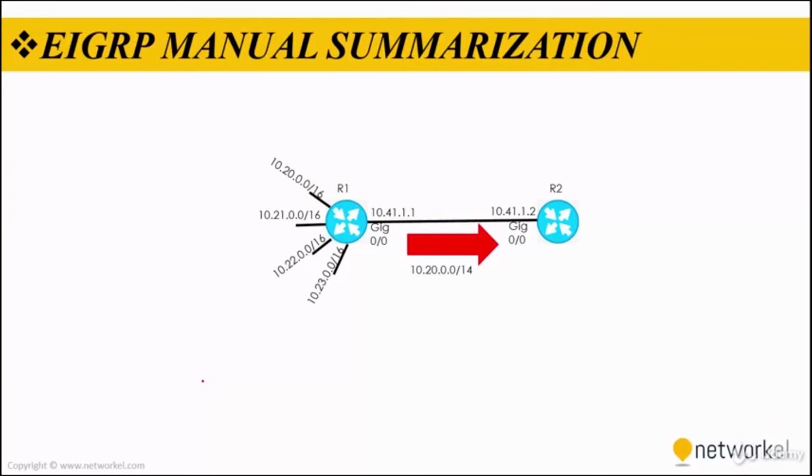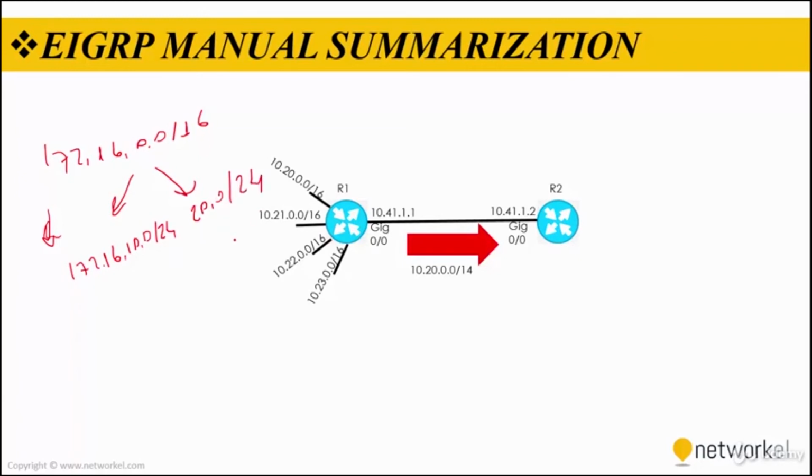And let's say there are 2 routers that advertise this network, but they may actually want to advertise this 10.0/24 and 20.0/24.